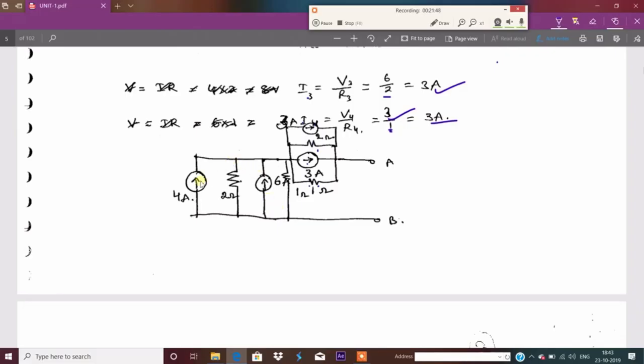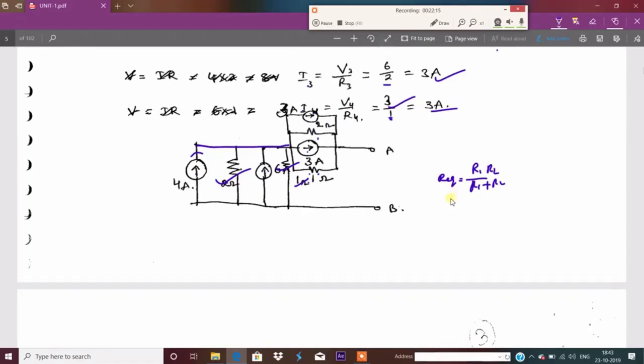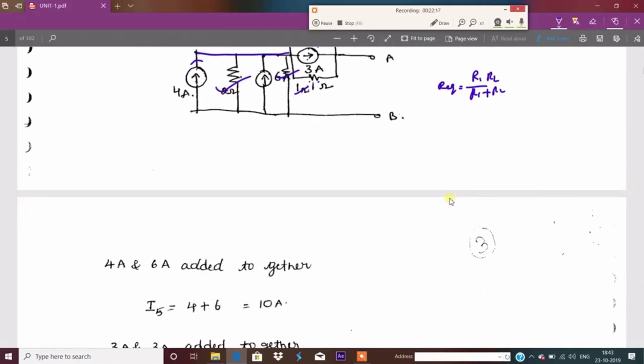After that, this current is towards the particular node. Both are additive, so that is 10 amperes. This 2 ohm and 1 ohm are connected in parallel. You know R1 into R2 by R1 plus R2, that is the formula for R equivalent whenever resistances are connected in parallel. I am going to give the derivation in the next videos, so just remember that formula.